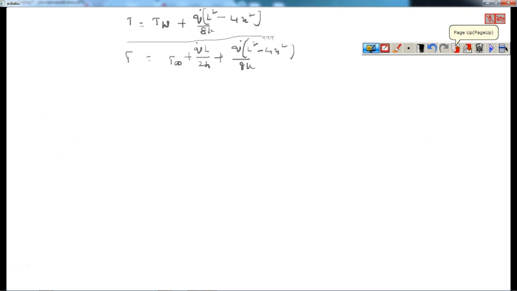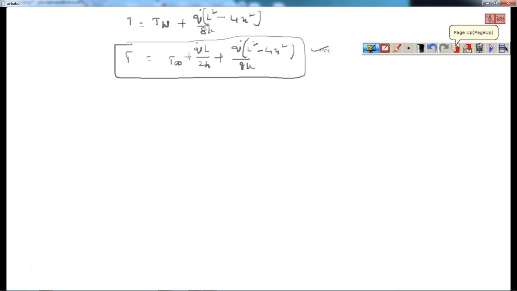So T is equal to the surrounding fluid temperature T infinity plus Q dot L by 2H plus Q dot by 8K into L square minus 4x square. Now keep this in mind.